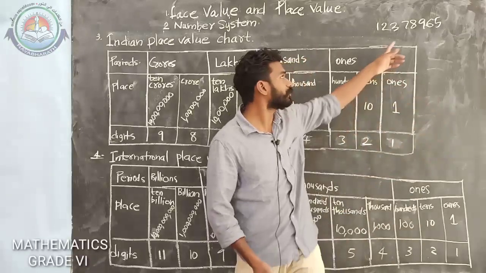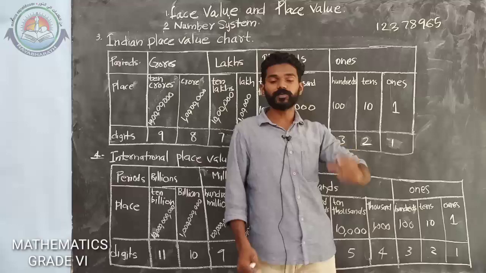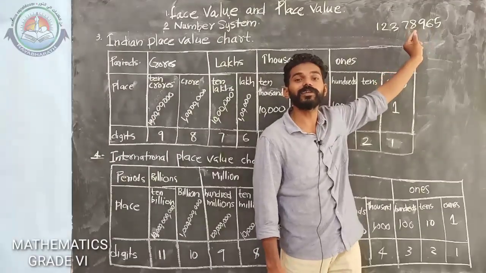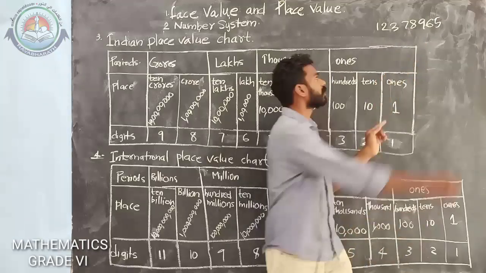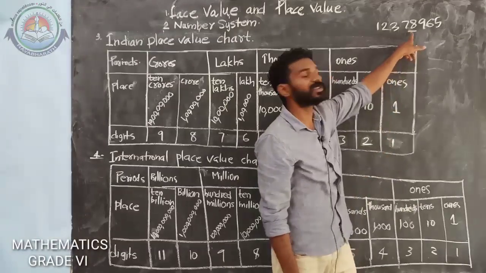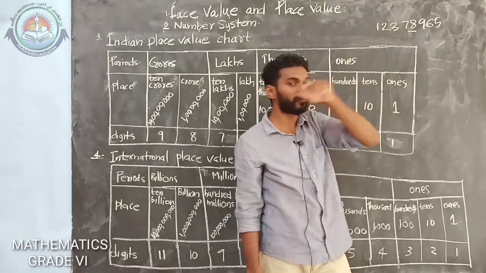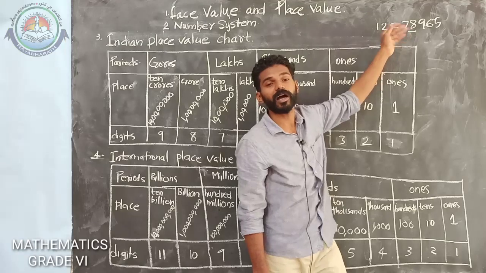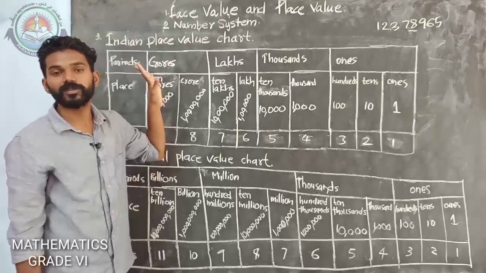And what about its place value? While considering place value, we have to consider its position. You can see that this number 8 is at a particular position. The position or place value of a number can only be identified after studying the place value concept.